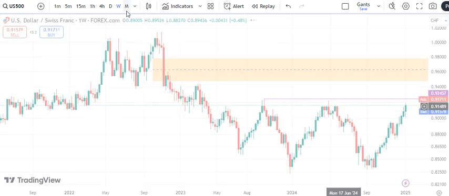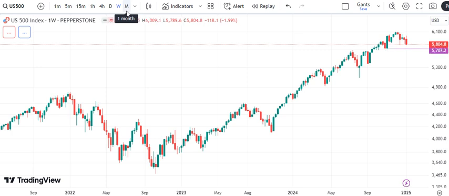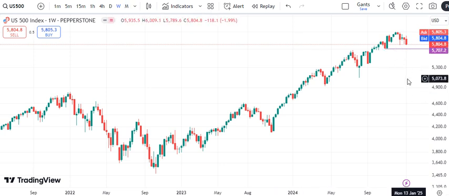The next is our indices: SP 500, Nasdaq, and Dow Jones Industrial Average. We are bearish on that. We've significantly traded higher, and we're seeing it making its decline, because you can see how multiple times it tried to go higher, and you could see it creating short and smaller candles.